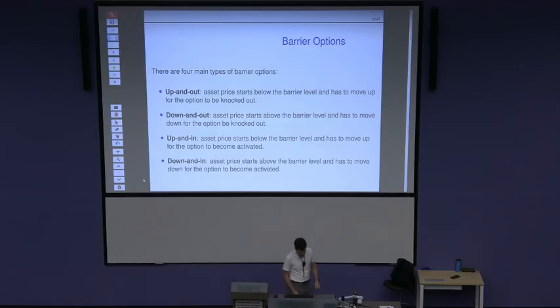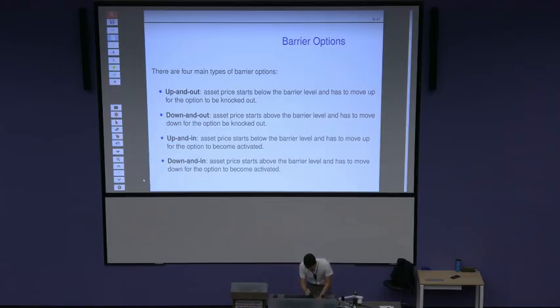So we can have an up and out. This means we start below the barrier, and the option dies whenever we hit the barrier. Up and out: as soon as we hit the barrier, it dies. Down and out means that the barrier is below, and as soon as we hit the lower barrier, the option dies. And then there are the 2 in constellations.